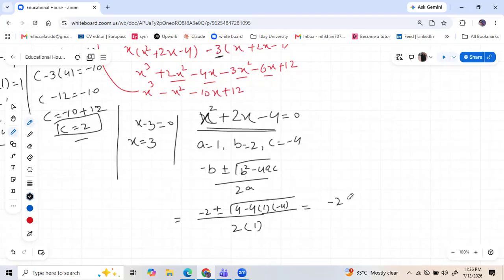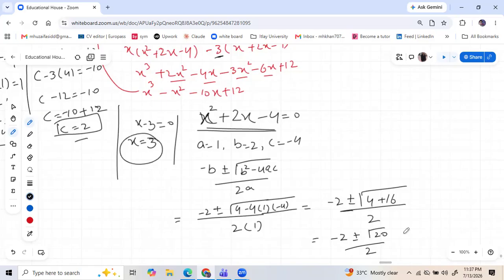This is minus 2 plus minus square root of 4 plus 16 divided by 2. Look at it here. This is minus 2 plus minus square root of 20 divided by 2. So the first one is your answer, and this is your second answer, in plus and minus.